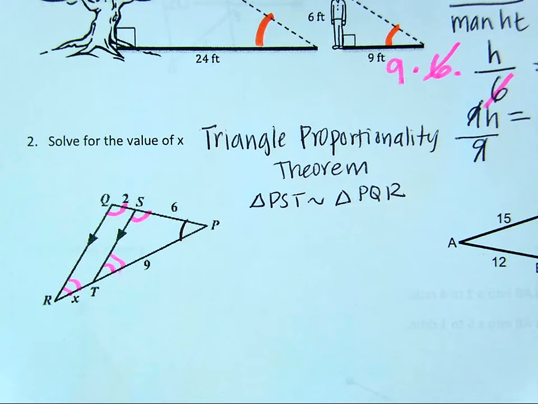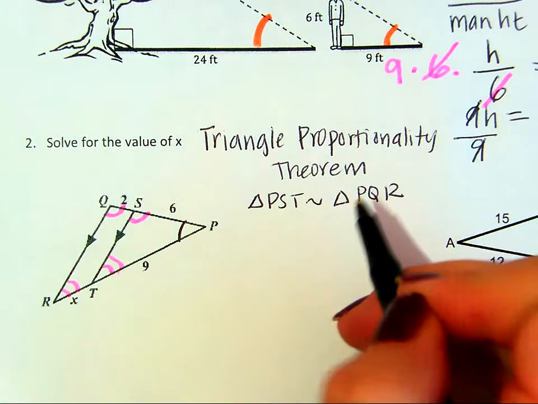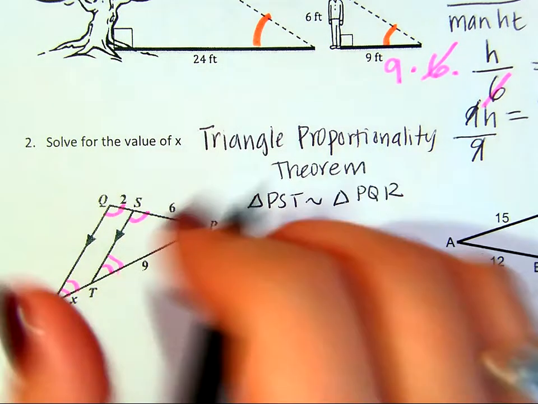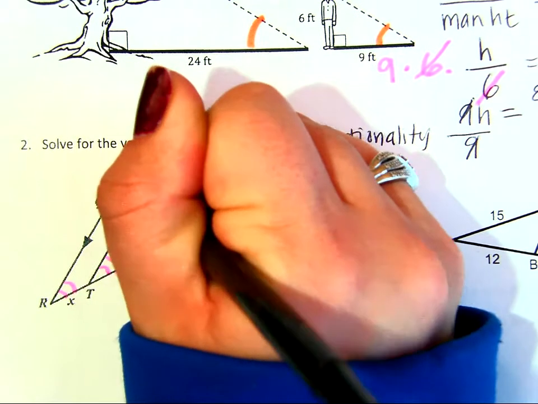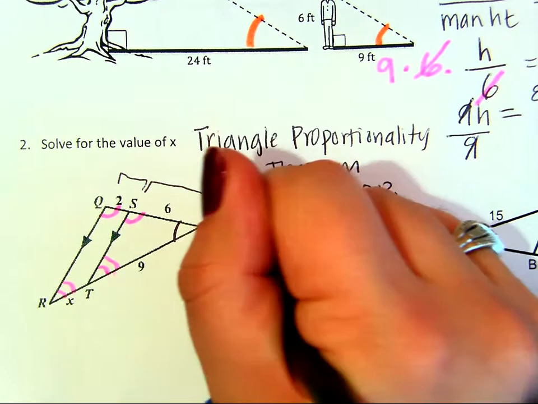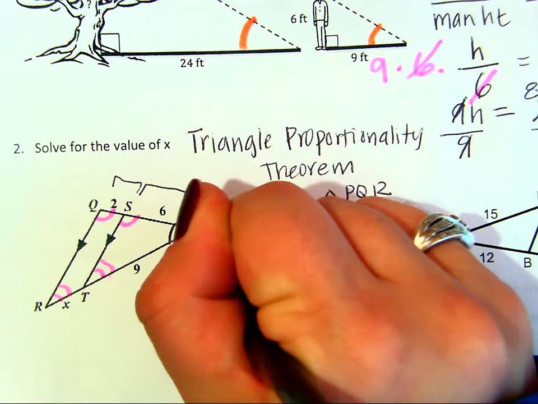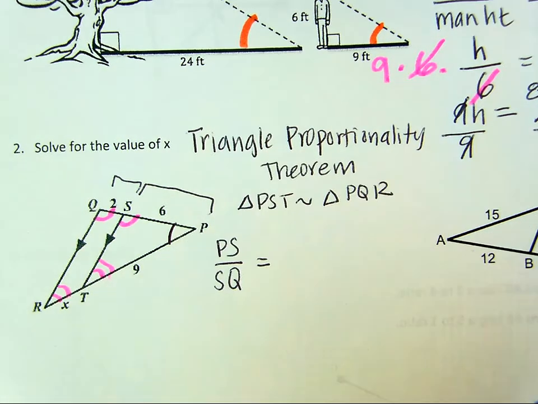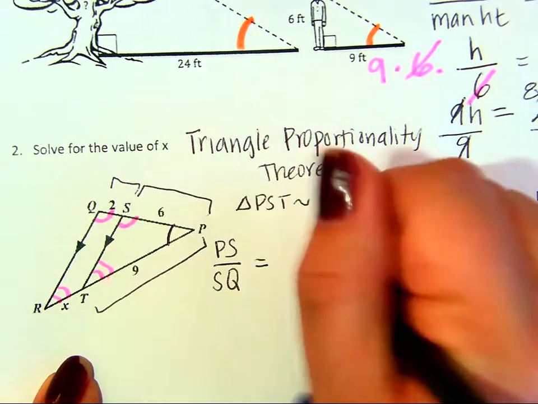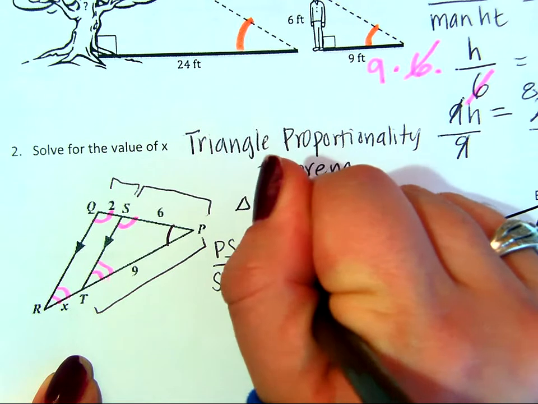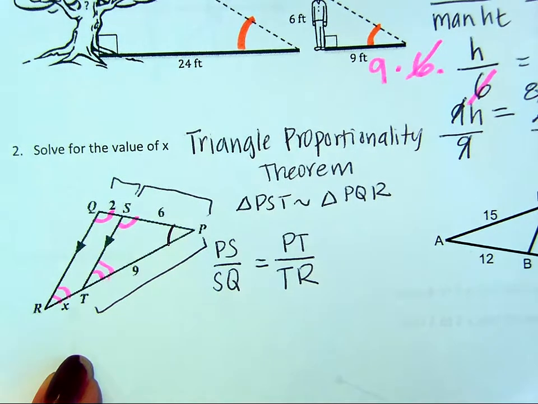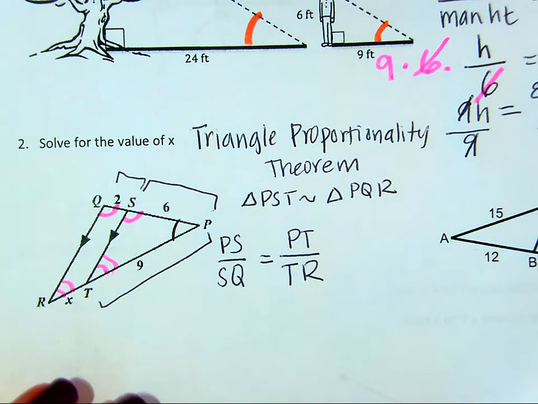So because they're similar, we can set up a proportion with the triangle proportionality theorem, which basically says that PS divided by SQ is proportional to PT divided by TR. So now let's plug in those values.